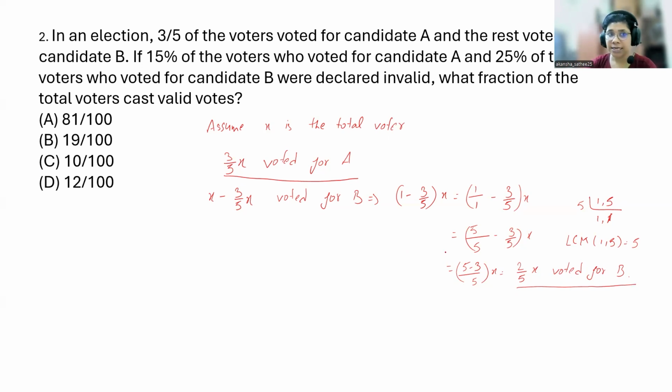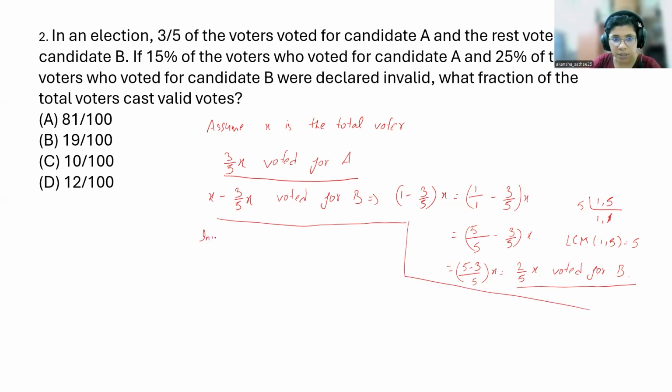Now, what they are saying, the next line is, if 15% of the voters who voted for candidate A and 25% of the voters who voted for candidate B were declared invalid. Now, you look for invalid voters.